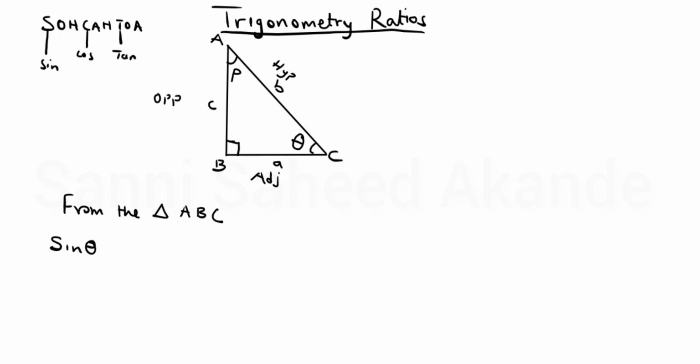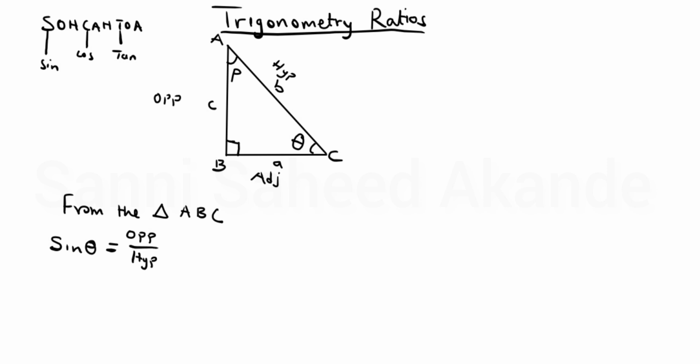Understood? So the letters in front of each of them give the ratio of the identity. For example, sine theta will be equal to opposite over hypotenuse. As simple as that. So I will write opposite divided by hypotenuse.